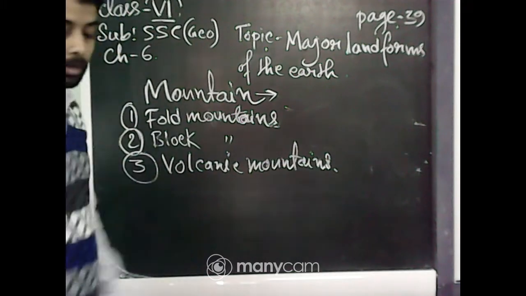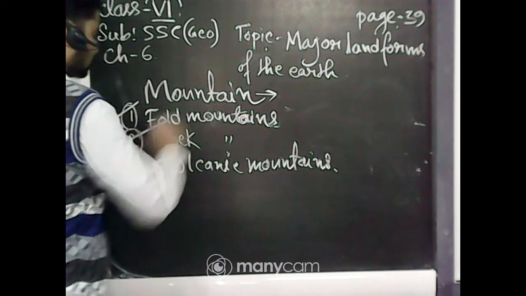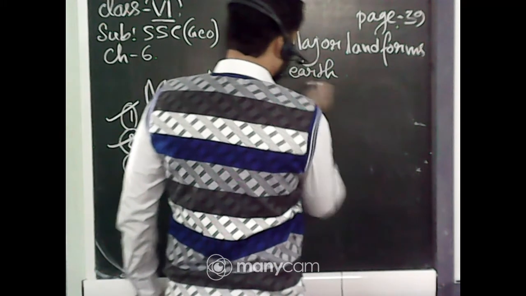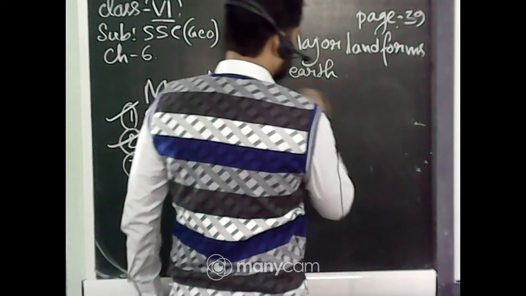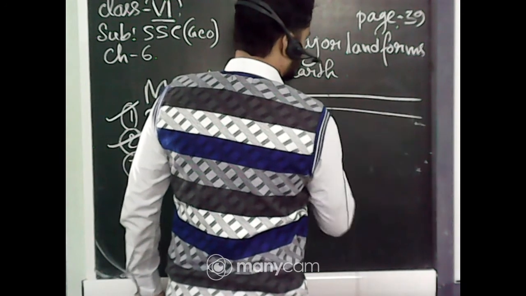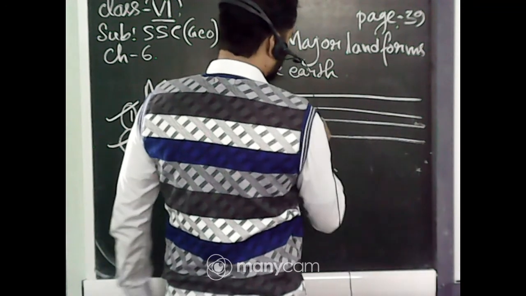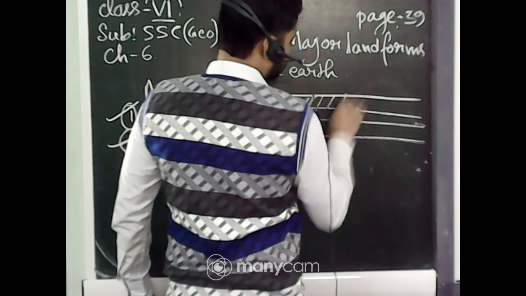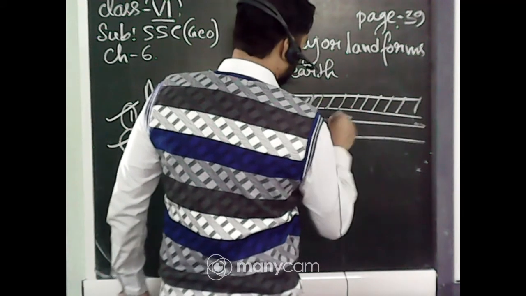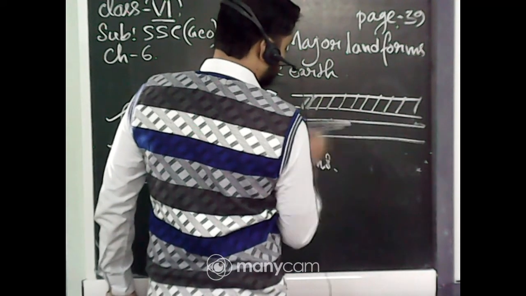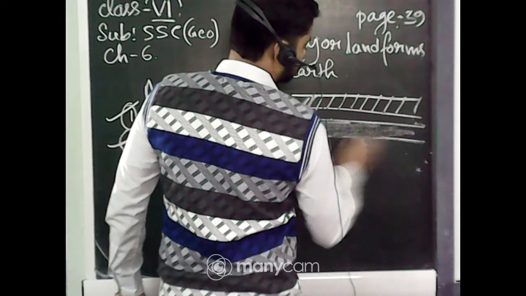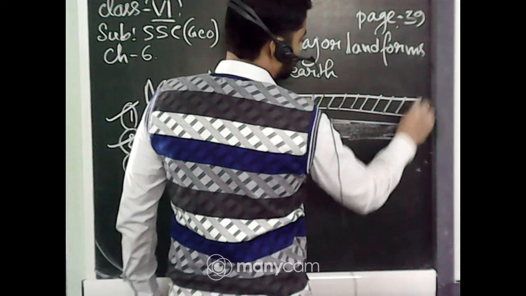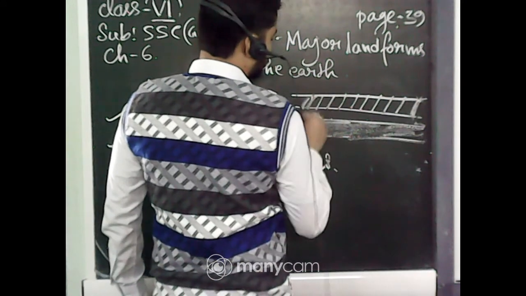This is the block mountain. So how was a block mountain created? In a similar way, different types of soil and different types of rocks are present on the surface of the earth, layer by layer.